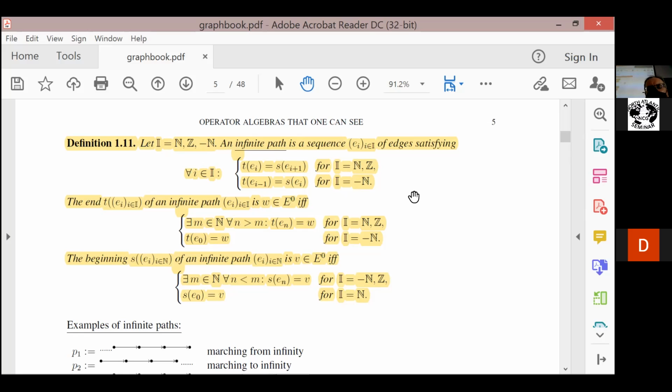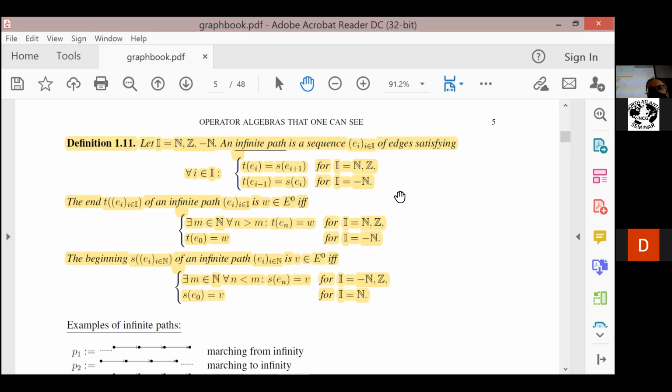So basically, if vertices stabilize from a certain moment and don't change, then we call it the end of a path, all right? So here you have these precise definitions: if you are looking at natural numbers or integers, then the end of a path is a vertex w if there exists an M such that for every n bigger than M, the end vertex is always the same.